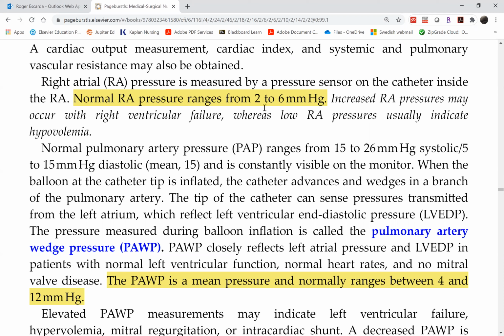Again, it's basically PAWP and RAP, or RAP is also called CVP, central venous pressure, same right side readings. Left side readings are PAWP, or you come across PAOP, same thing. They're all left side pressures.